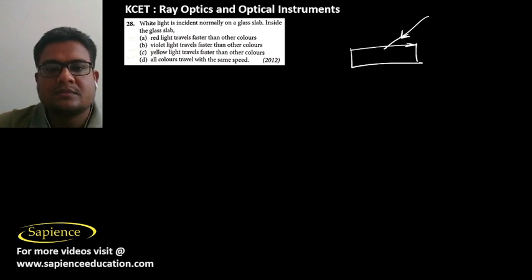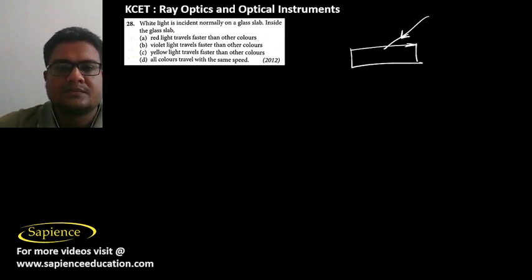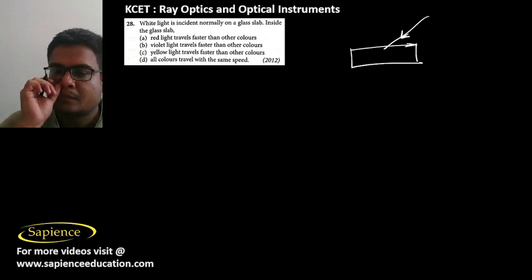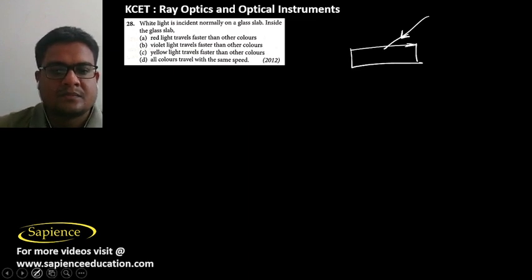Inside the glass slab, red light travels faster than other colors.